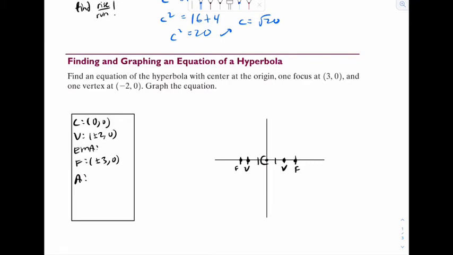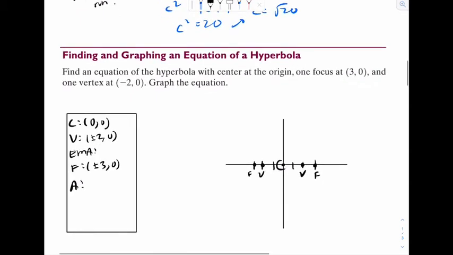So just like an ellipse, once you're kind of stuck, use the formula they give you. C squared equals A squared plus B squared. C is the distance from center to focus, so I know that's going to be 3. So 9 should equal. And A is the distance from center to vertex, so that's going to be 2 squared, which is 4.